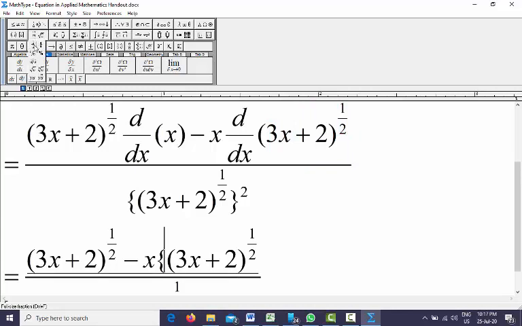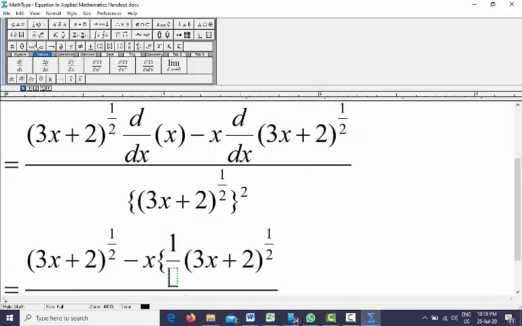You need to write the power first, and from the existing power you need to deduct 1. So that's the differentiation of the power, right?